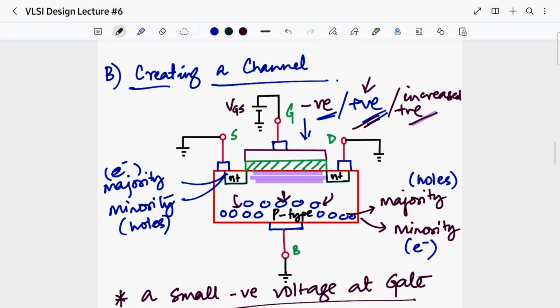I had already told you that the p type is a semiconductor, so it will have both majority and minority carriers. Now the minority carriers that were way back in the bulk of our p type, a very small quantity of them, what will happen if I keep on increasing the positive gate voltage? These electrons, which form the minority carriers of my p type, will get attracted towards this void.